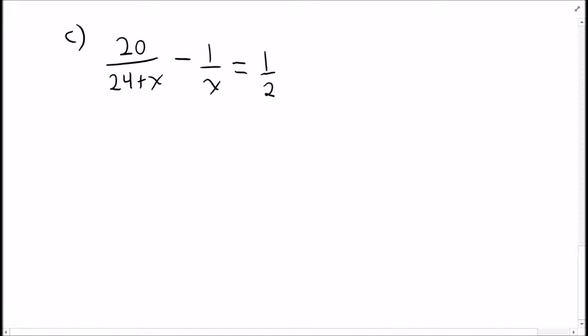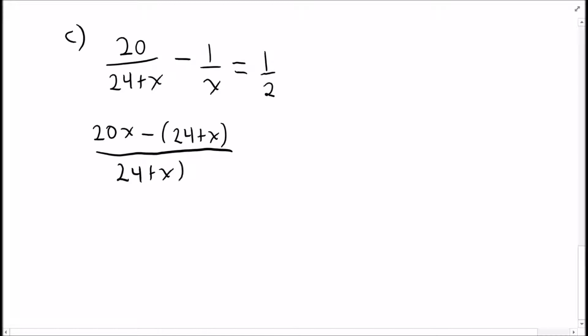Now they'd like us to solve this. So I need to get a common denominator on the left-hand side. Multiply the x up gives me 20x minus, multiplying the other denominator up, 1 times 24 plus x, all over 24 plus x times x, is equal to 1/2.